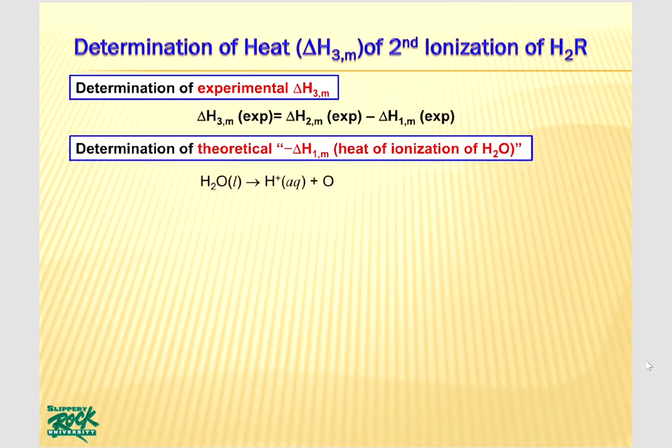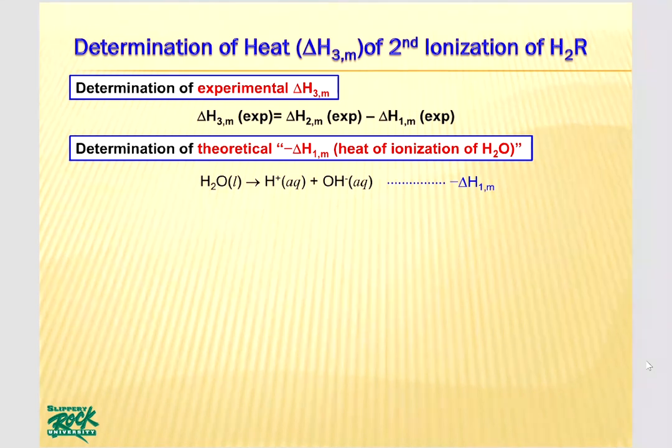Now, let me tell you how to determine theoretically the heat of ionization of water and the heat of second ionization of malonic acid. Water is ionized into a proton and a hydroxide ion. The heat associated with the reaction is negative delta H1. The theoretical heat of ionization of water can be calculated with the enthalpies of formation of water, proton, and hydroxide ion.